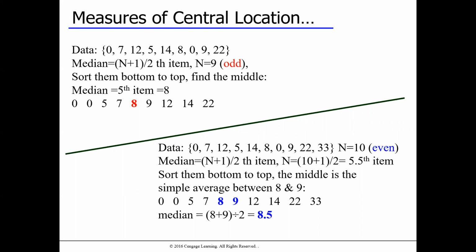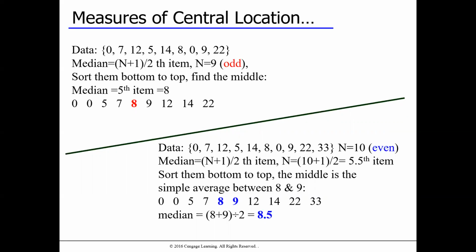Let's see how to calculate the median. I have taken two examples. In the first case, there is an odd number of data, there are 9 data, and the middle value is the (n plus 1) by 2th item. So (9 plus 1) by 2th item, which is the 5th item.